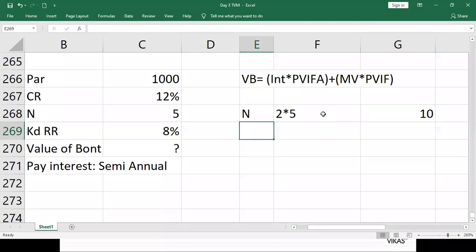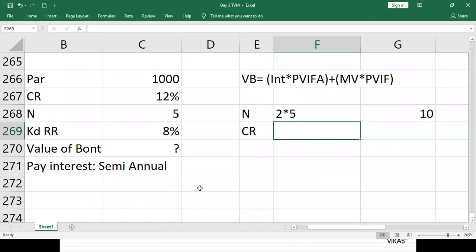Now the coupon rate. At a time, how much will you receive interest? 120. No, no. Suru says no. Any correct answers?